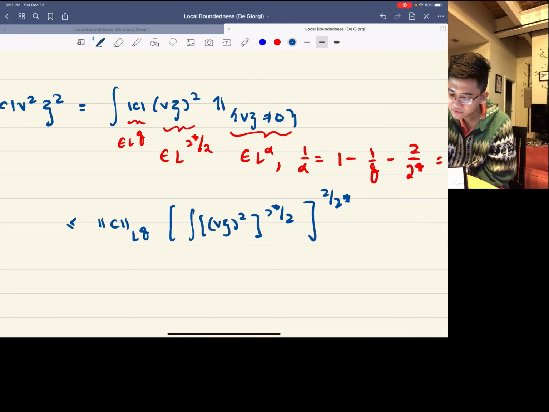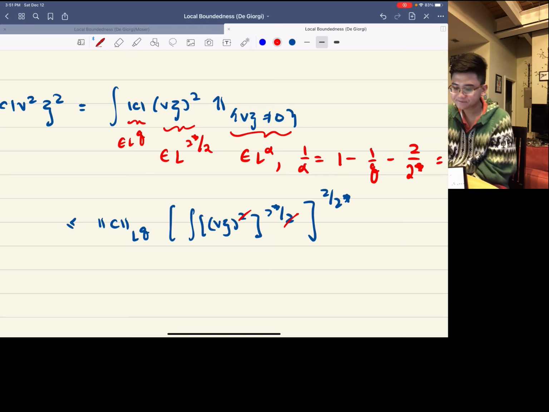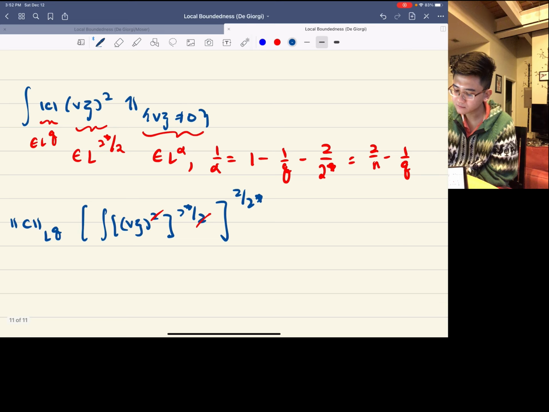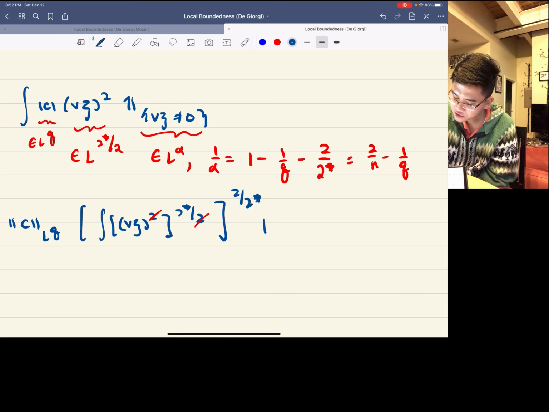So this is why we use 2 star over 2, so that we can cancel out this one here. Times the measure of v zeta not 0 raised to 2 over n minus 1 over q.